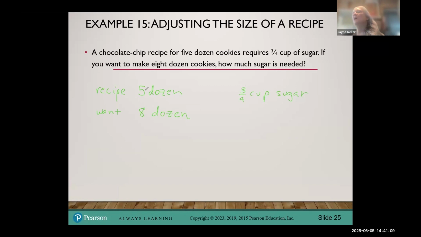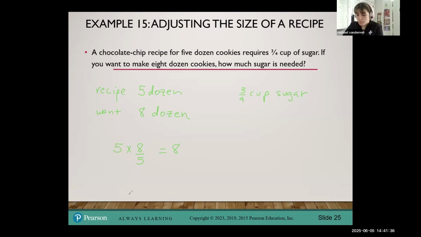So the easiest way to think about this is if I want to take 5 and multiply by something and end up with 8, I basically just have to multiply by 8 over 5. Then the 5s will cancel each other out and I'll get the 8 that I wanted.